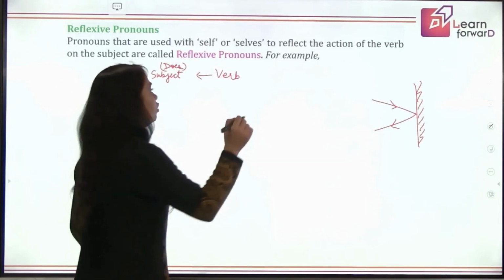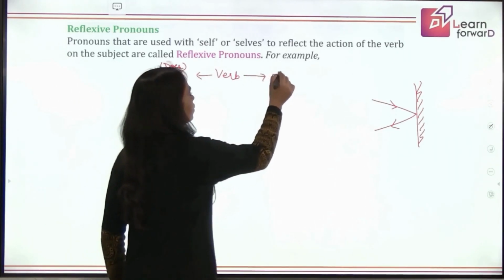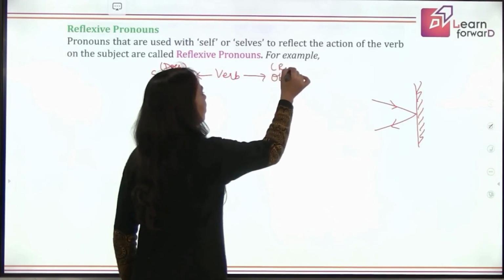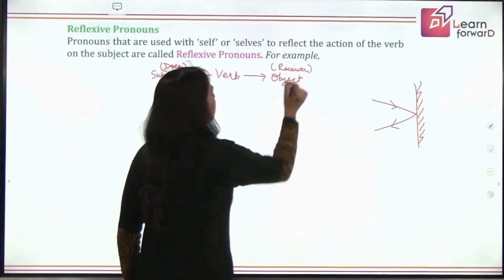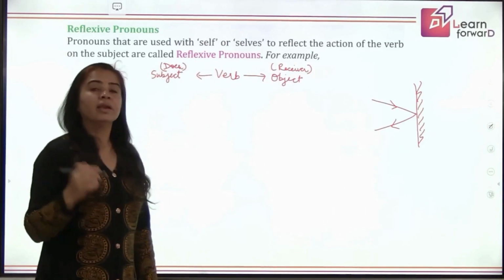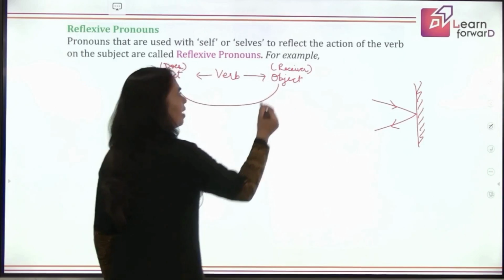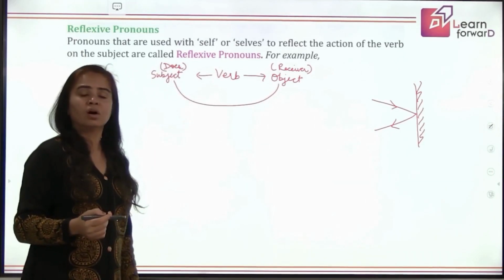And then you will pick up the object also. That is the receiver of action, children. Okay, now what you have to find out is the doer the same as the receiver, the object of the action?